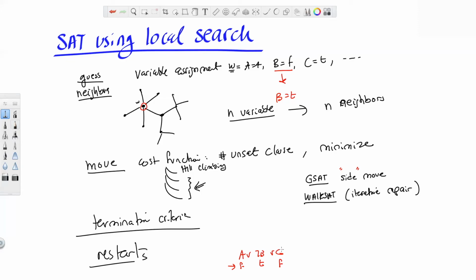This is basically what this does: it tries to direct the movement to a neighbor with the idea of fixing certain clauses. Now, when you look at what's going on, you will have choices. You say, okay, which one of these variables should I pick to flip? Because any of them will fix this clause and make it satisfied.